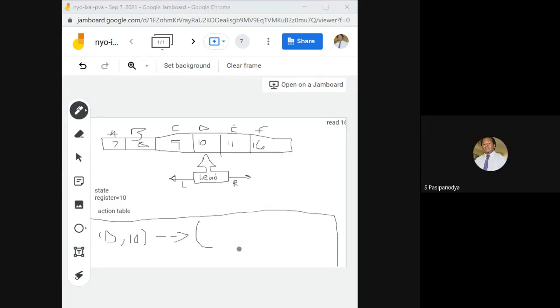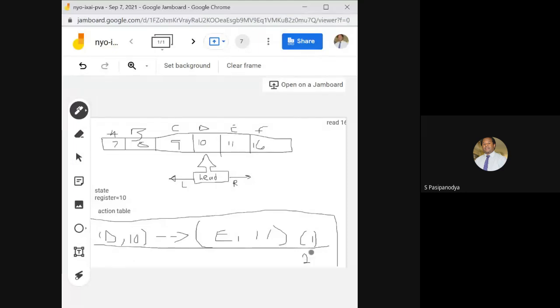The new state cannot be F16. Hence, it's E11, sir. Because it will go through 11 to get F16. The new state is going to be E11. This becomes your first cycle.